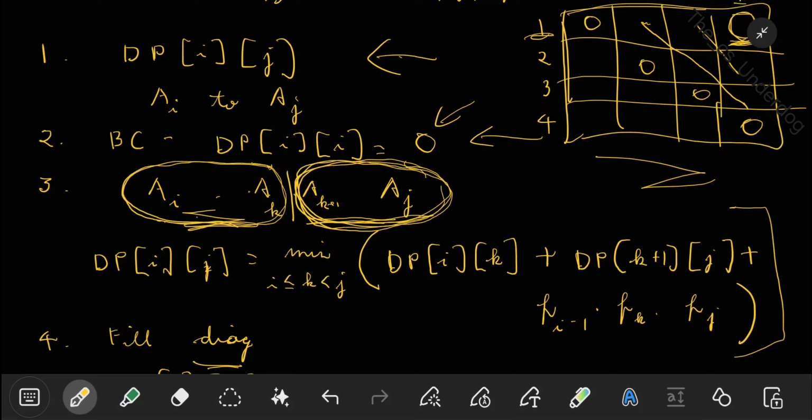When I do this multiplication, what is the total number of scalar multiplications required?